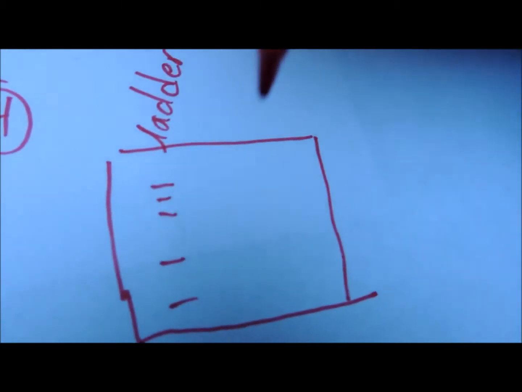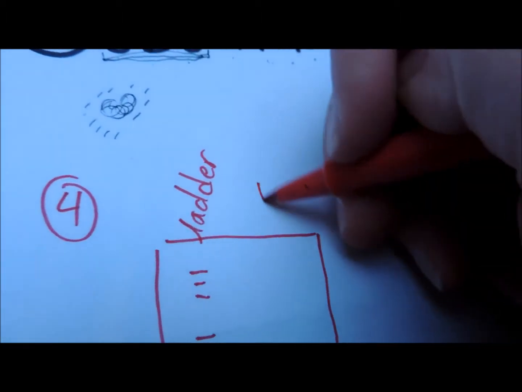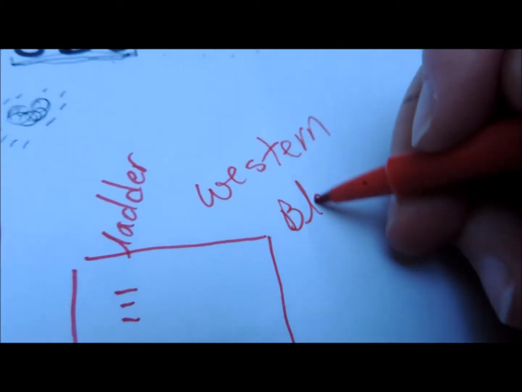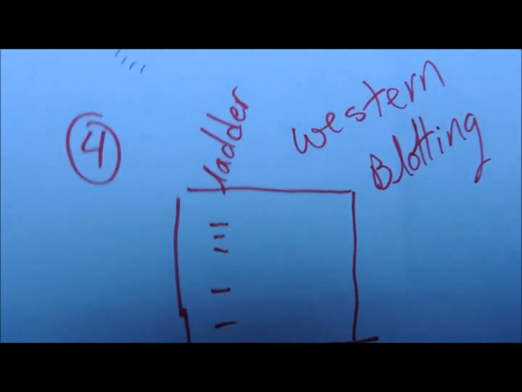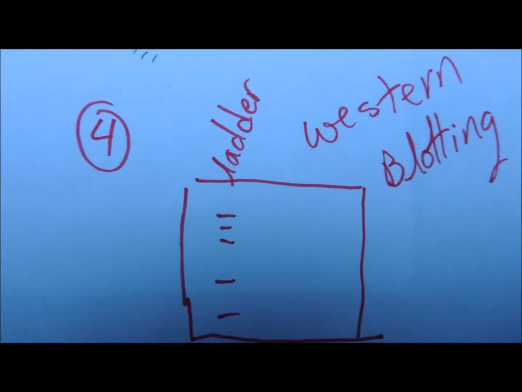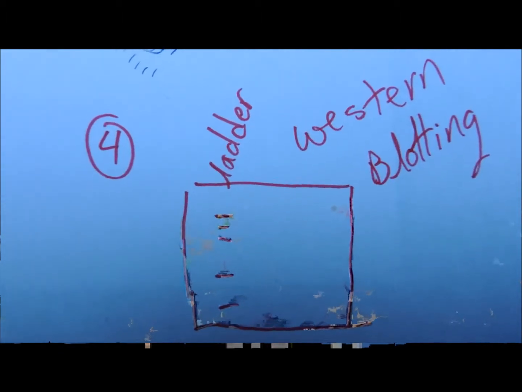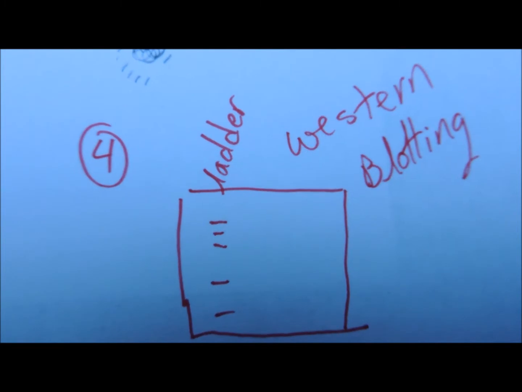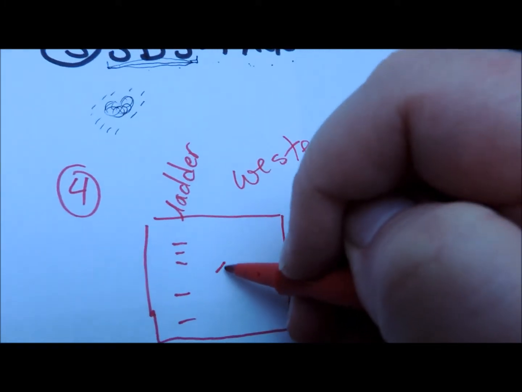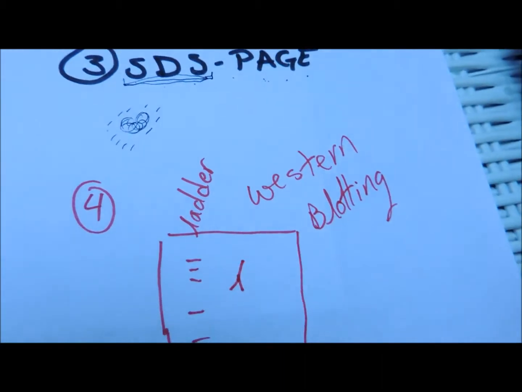In order to visualize what's there, we are going to use a technique known as Western blotting. What we do for Western blotting is we literally go fishing for particular proteins. We're going to use something we call antibodies. We're going to try and attach them to the proteins we're interested in. So let's say I get the antibody attached to my protein of interest.